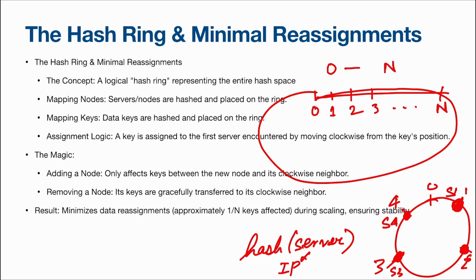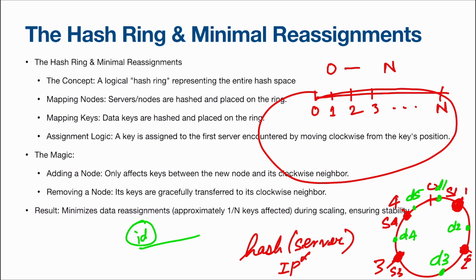And then we also calculate the hash of the data. In our previous example, for each row's ID we calculate the hash from it. So let's say I have D1 here, D2 here, D3 here, D4 here, D5 here.